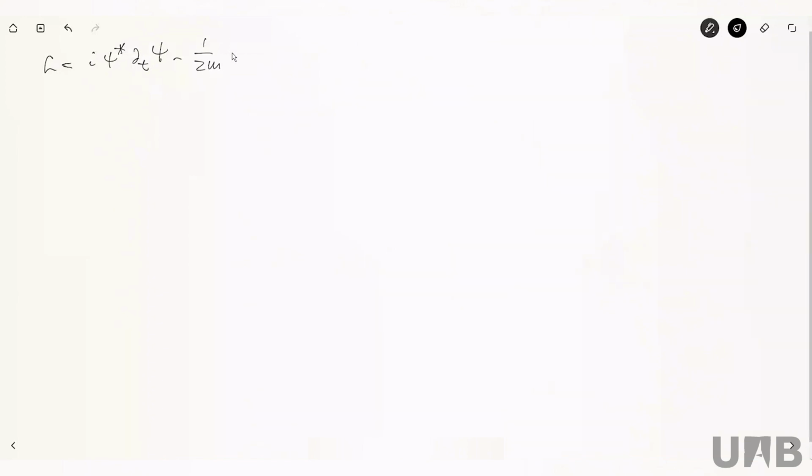Okay? Now, we can also do other things. So let's write down the Lagrangian again, and we'll look at it. Okay, so this is I psi star time derivative of psi minus 1 over 2m gradient of psi star dot gradient of psi minus v of x psi star psi. Okay, the same Lagrangian.